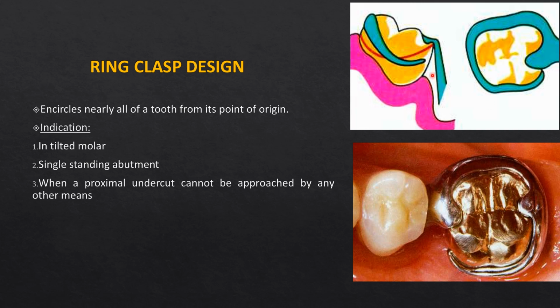Next is a ring clasp. A ring clasp is just like the name suggests, it is like a continuous ring that runs from the minor connector on one side and then continues all the way around the tooth and literally encircles the complete tooth. That is, it offers around 340 to 350-degree encirclement, and there is no separate reciprocal arm.